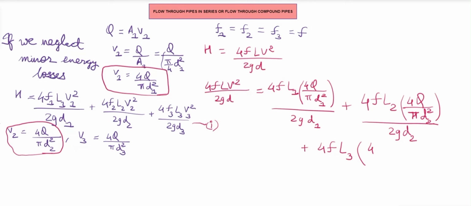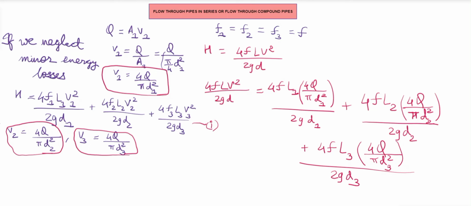Now here this V3 is 4Q upon pi D3 square, and whole square of this will come upon 2G D3. Also one thing you might have noted that I have already replaced F1, F2 and F3 as F.